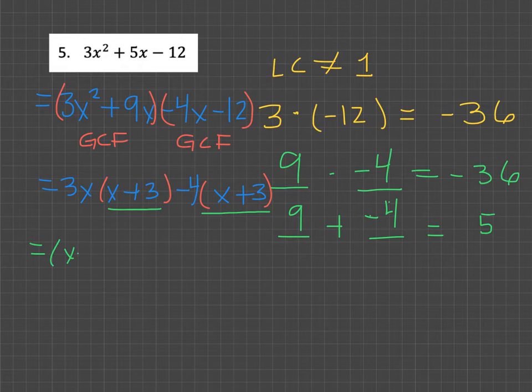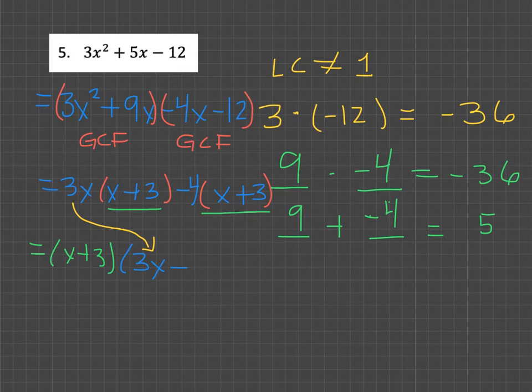So x plus 3 comes out in front. We write down the other factor with what's left over. So from the first group, it's the 3x. That's just coming from right here. And from the second group, it's the negative 4.